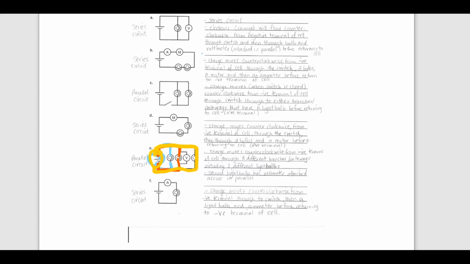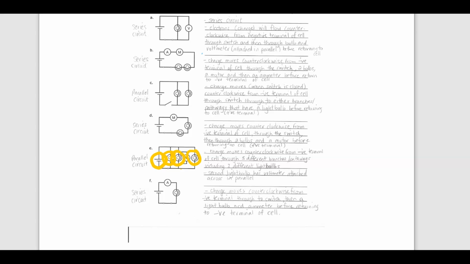The only thing that becomes different in a parallel circuit is that the cell needs to supply enough current to each of these bulbs separately.